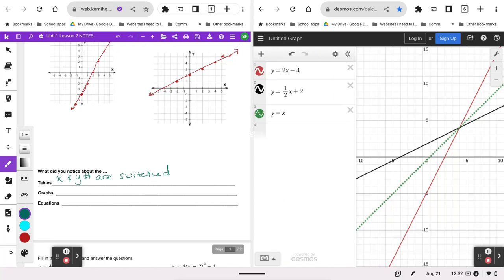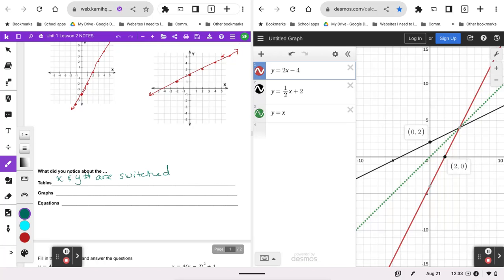These two lines are reflections over the line y equals x. This number here is 2, 0, and this is 0, 2. They are reflections of each other.